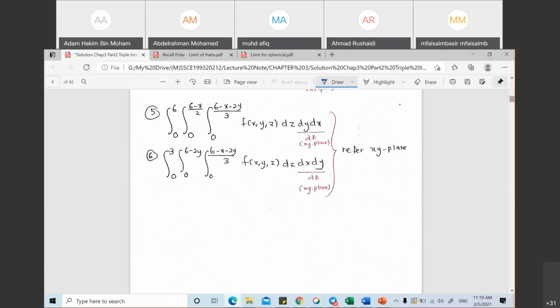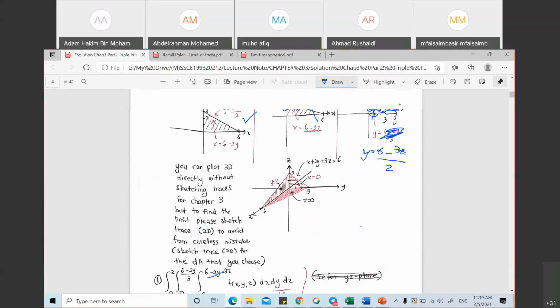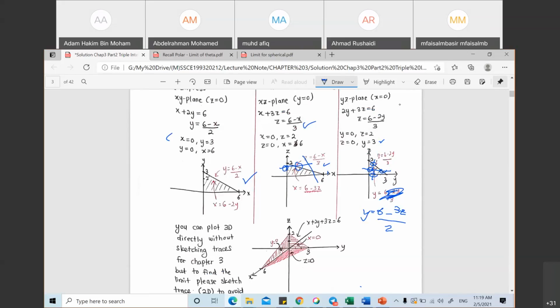Okay, done. So lastly, for xy plane, dy dx, x is 0 to 6, and y is from 0 to 6 minus x over 2.